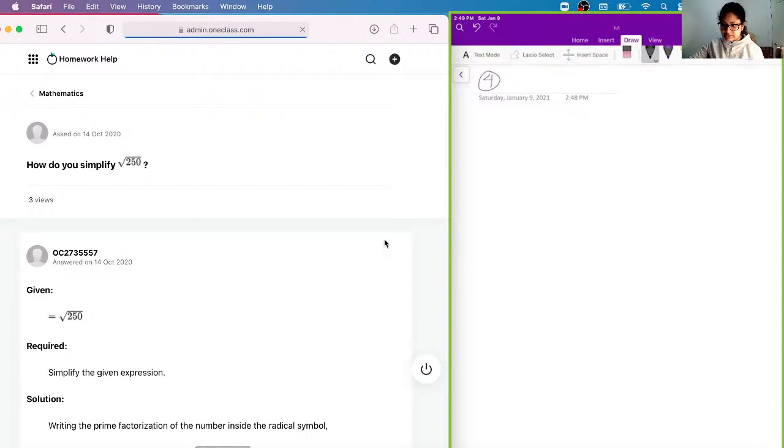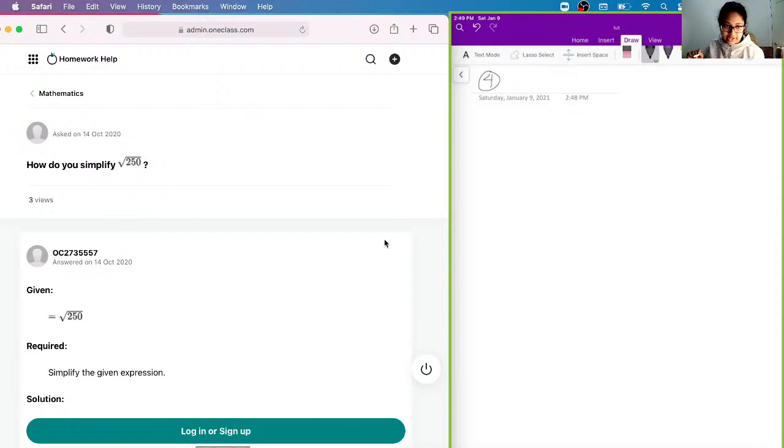And so the next question that we have is how do you simplify square root of 250? Well, let's take square root 250. And what we're going to do is express 250 as a product. We have 250, and we're going to find multiples of it until we reach the smallest multiple.